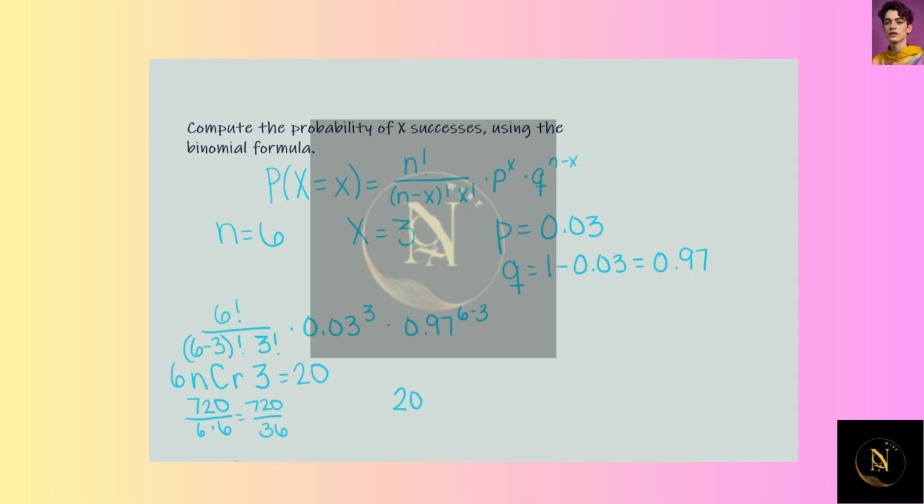So then in my calculator, I would do 20 times 0.03 to the third power times 0.97 to the third power, and you would get that the probability that x equals 3 for this binomial distribution is 0.0005, which is less than 1%.